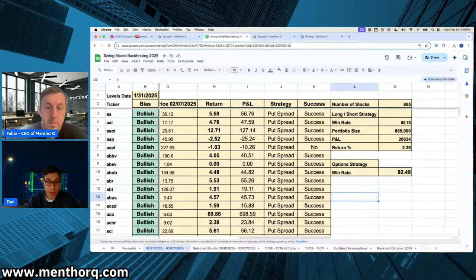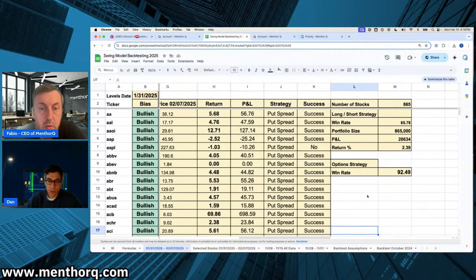But the great thing here is if you do it with earnings, you will capture a lot of premium, and you have a high win rate, and you will make a lot of return, which is amazing, because I know a lot of people who have failed years and over again to trade earnings in a good way. So I think this is a wonderful approach, and we're going to keep a close look.